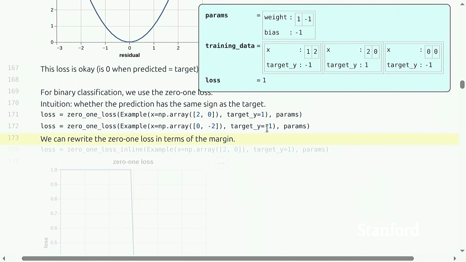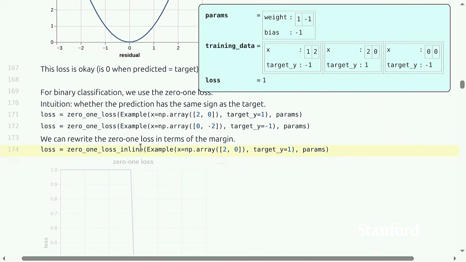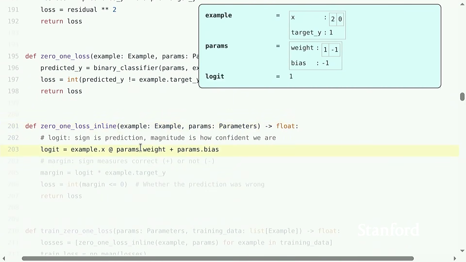Okay, so now I'm going to play with the zero-one loss a bit. I'm going to write it in terms of this quantity called the margin, which will make it easier to do later things. So bear with me for now. So zero-one loss inline is basically the same thing as the zero-one loss, but I'm just going to write it differently. And what I'm going to do is compute the logit, which is the dot product of x and the weight vector plus the bias.